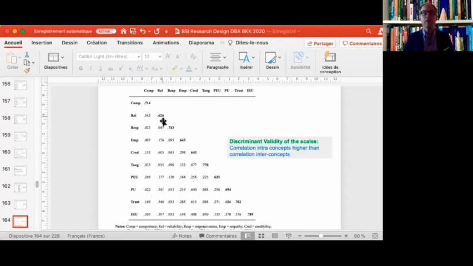And you can see here again, for all the other concepts, for example, reliability has a higher correlation within the concept reliability than with all the other concepts. So discriminant validity is also satisfied. So in summary, we have very good psychometrical properties of the scales and can use them for our study.